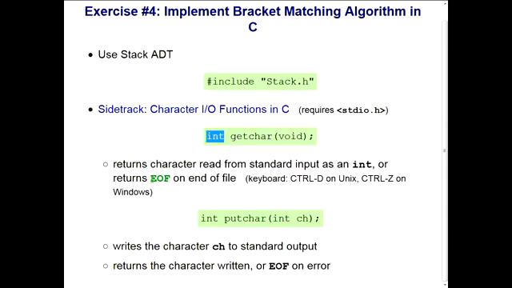Or it returns a particular symbolic constant, which is predefined, called EOF, end of file, which if you want to use the keyboard, you can simulate with the character sequence Control D on a Mac or under Unix, or Control Z on Windows, as I will do when I run this program to illustrate how this works.